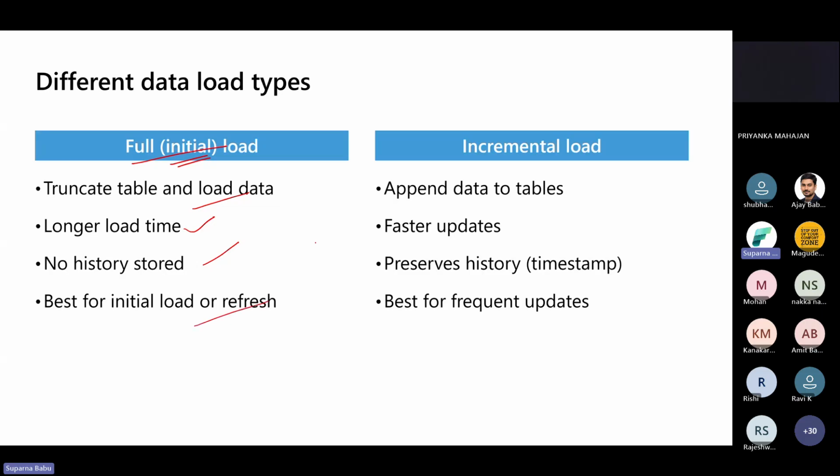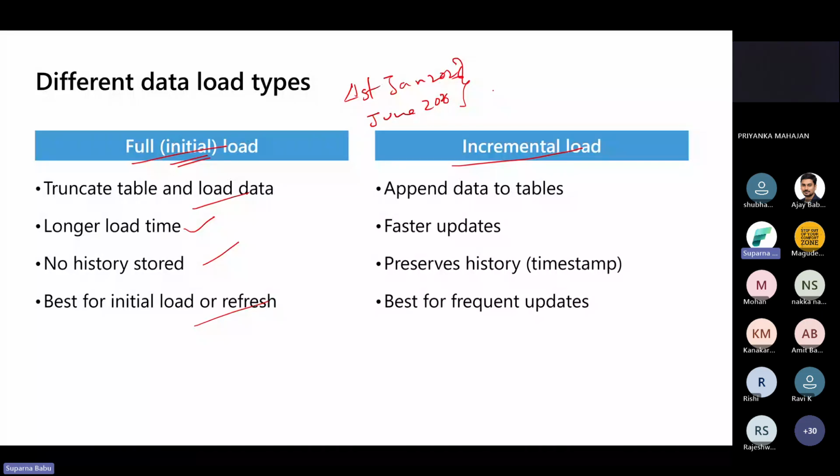Now let's come to the incremental load. Let's say now we are in July. I have data from 1st January of this year, 2026, to June 2026. With the full initial load, I first loaded this data.